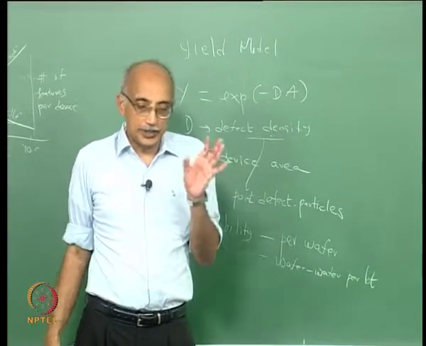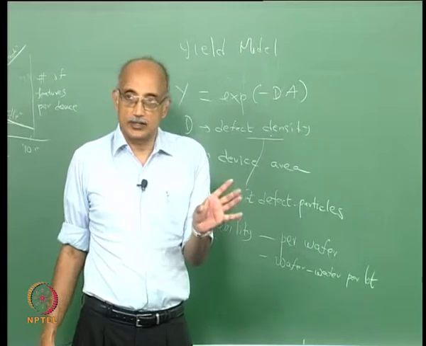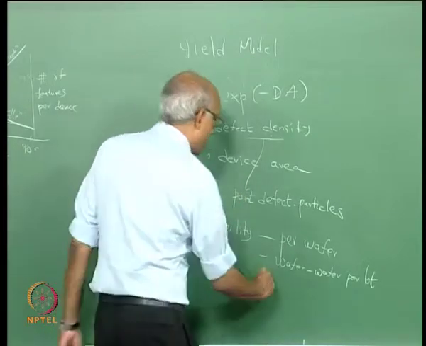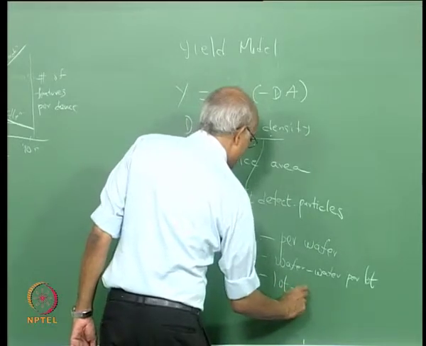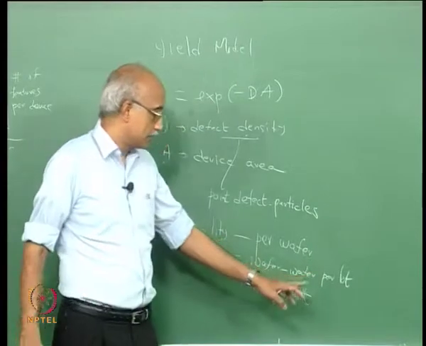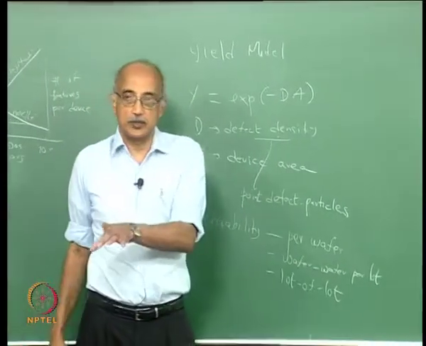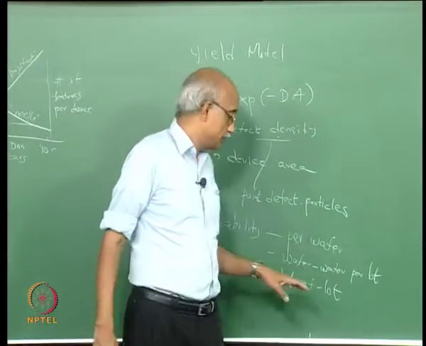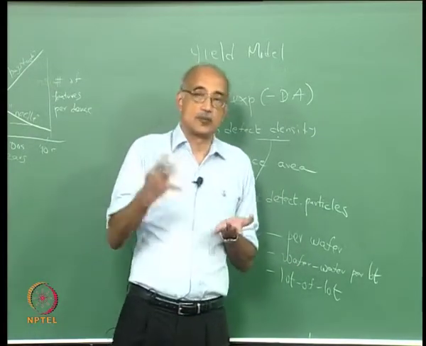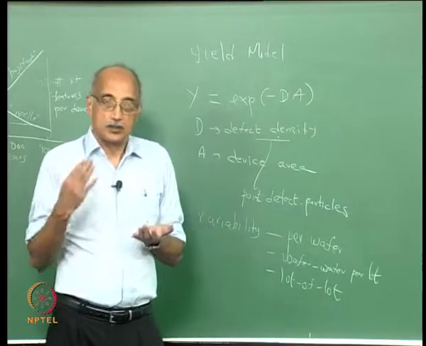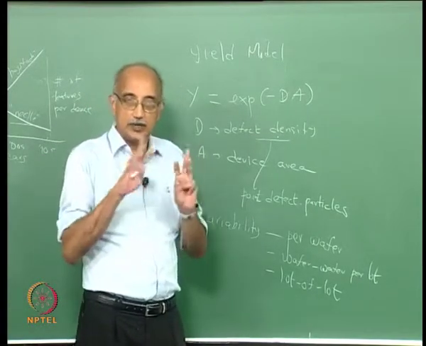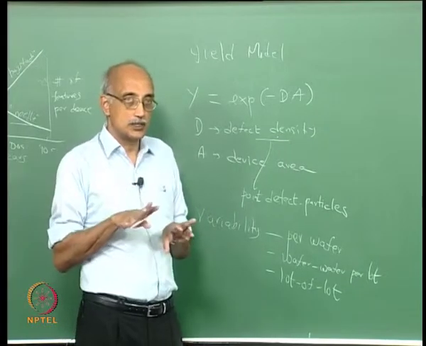It is possible that some of those wafers have high defects and some have low defects. The third type of variability is lot to lot variability. So, in the same lot, the variability between wafer to wafer may be very low, but if you look at different lots made, for example 3 shifts of production in a day, the lot to lot variation may be high. So, these are 3 very, very distinct and different types of variabilities that you have to be aware of in your process.